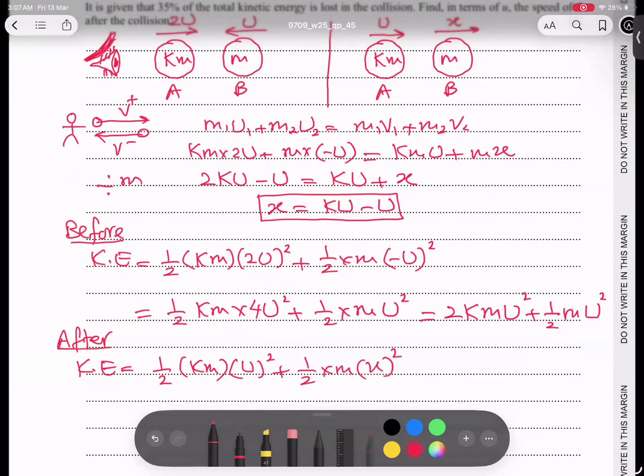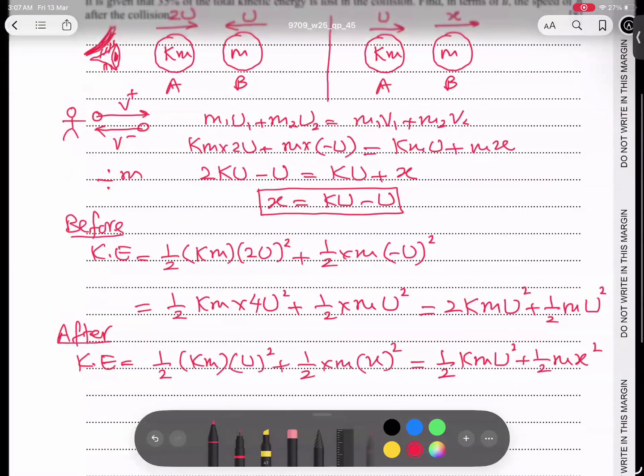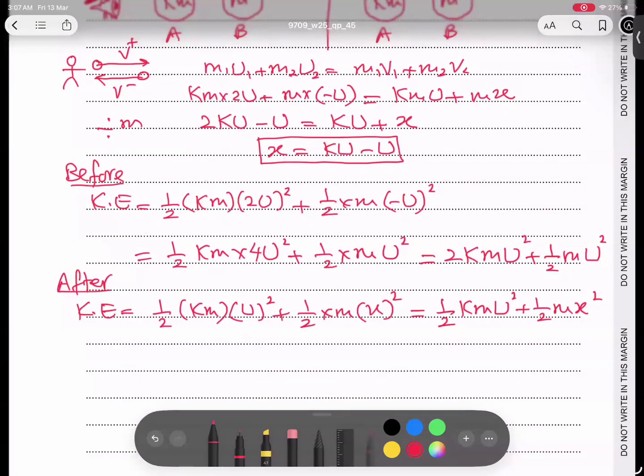Okay, this is done as well. I think we cannot do anything extra from here because I cannot cancel anything. Anyway, I just write it in simple format: half km u squared and half m x squared. So let me check. Yeah, clear. And this is before collision, this is after collision.